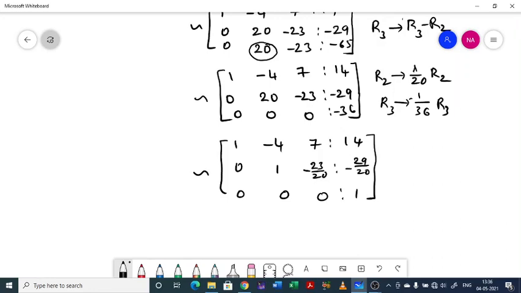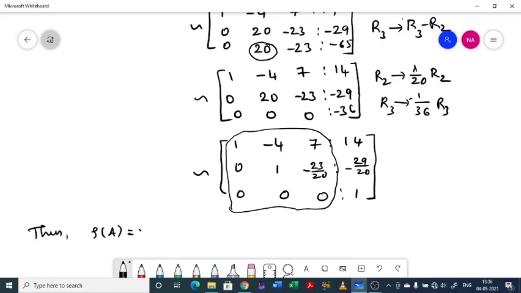So for rank of A I concentrate only on this matrix. Thus rank of A is 2. For rank of A colon B, I concentrate on the whole matrix. This is a non-zero row of A colon B, but not of A. So rank of A colon B is 3.